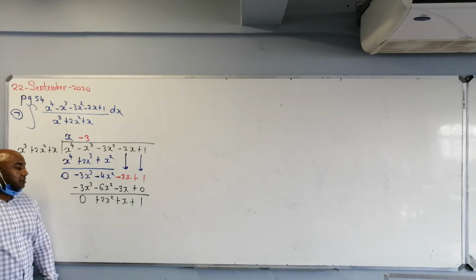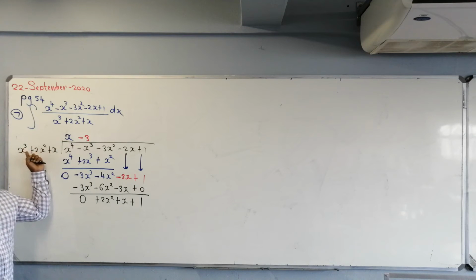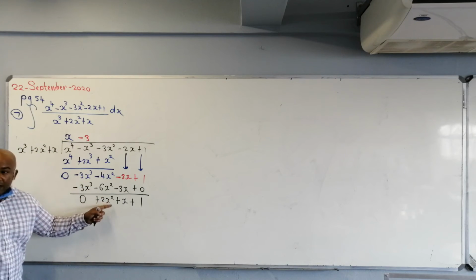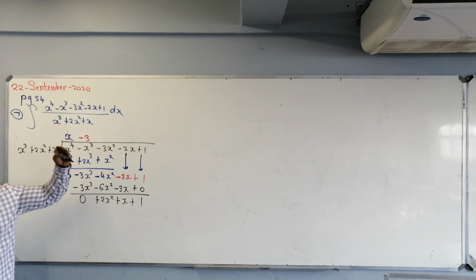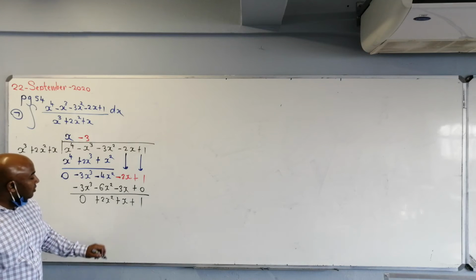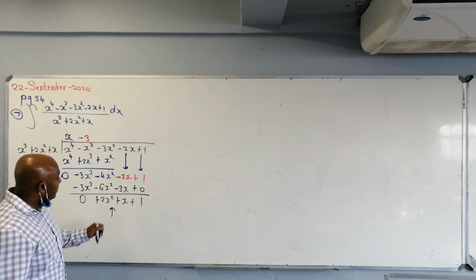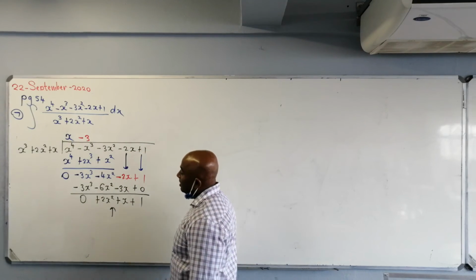Now check. This is x squared, which is smaller than x cubed. So if it is smaller, you stop. Only if it is equal or larger, an improper fraction, then you will divide. So therefore, this is now your remainder, and there's your quotient there.